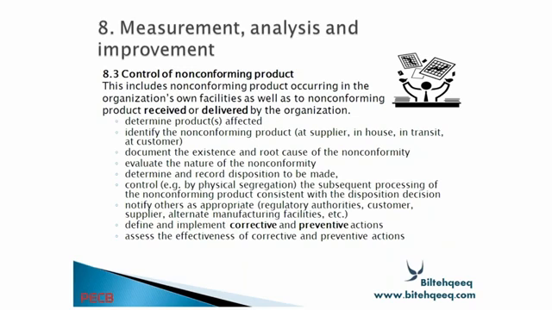control by physical segregation the subsequent processing of the non-conforming product consistent with the disposition, notify others as appropriate: regulatory authorities, customers, suppliers, alternate facilities, define and implement corrective and preventive action, and assess the effectiveness of corrective and preventive action.